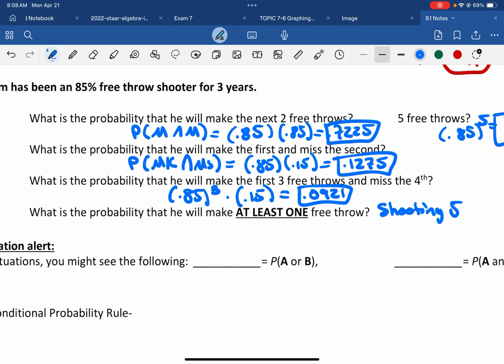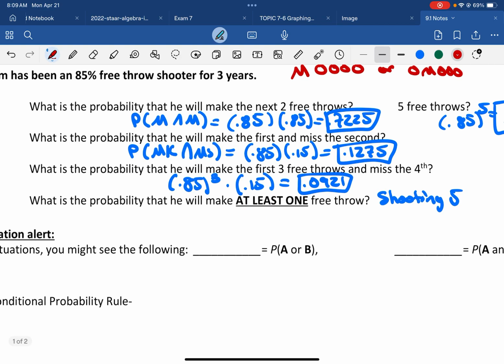So that means he makes the first one, misses the next 4. Think of it like this: make, miss, miss, miss, miss. That's just one possibility. Or miss, make, miss, miss, miss. So it'd be ridiculous to calculate all of that. It's possible, but it's extremely hard.